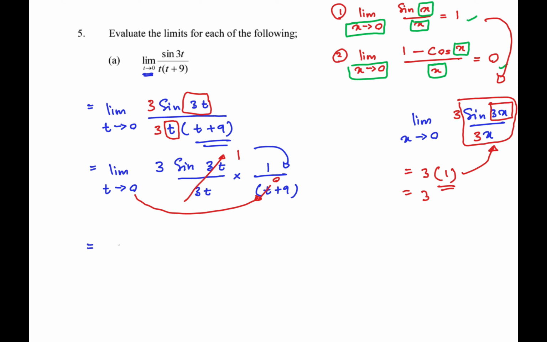Therefore you get 3 times 1 times 1 over (0 plus 9). So you get 3 over 9, which is 1 over 3. That is the answer for question A.